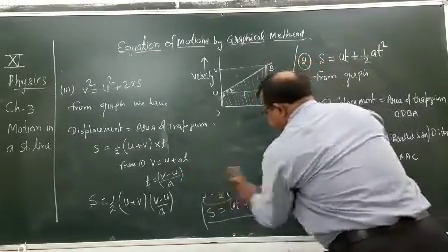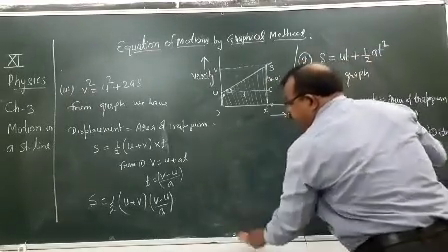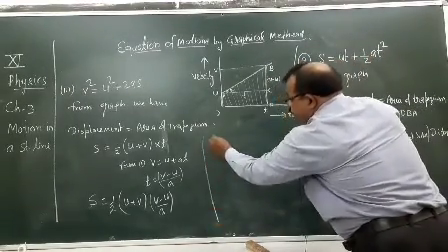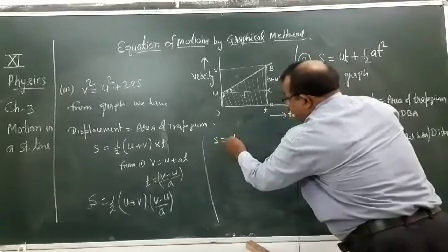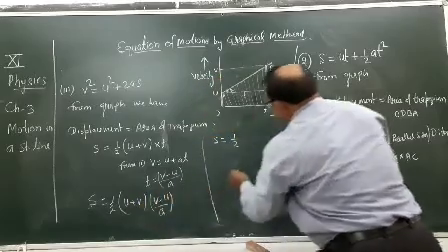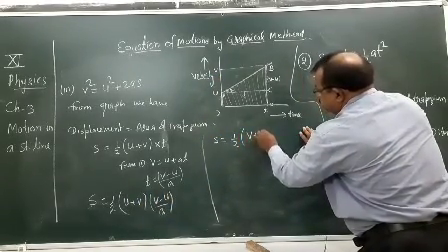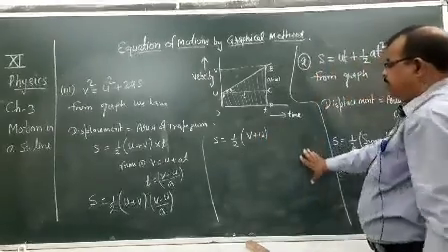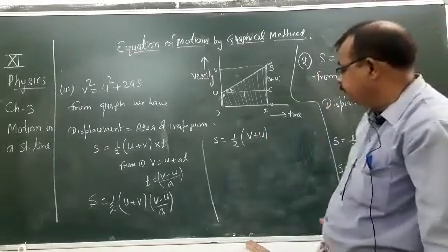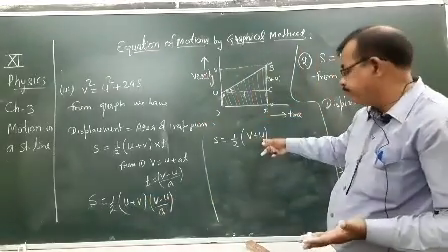So S equals to 1 by 2, U plus V is also written as V plus U. Is there any changes? U plus V or V plus U, both are the same.